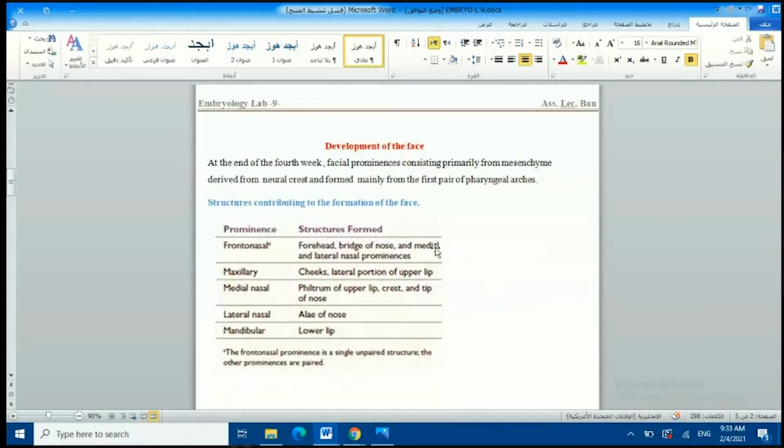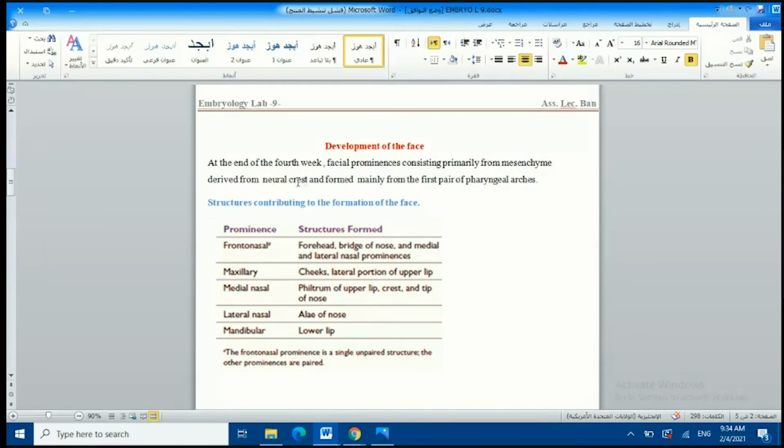Okay, so the development of the face starts at the end of the 4th week. Okay, whenever the head is starting to form with the pharyngeal arch, the face itself will continue to form. Okay, so the facial prominences that we mentioned before consist primarily of mesenchyme, and this is derived from neural crest cells.